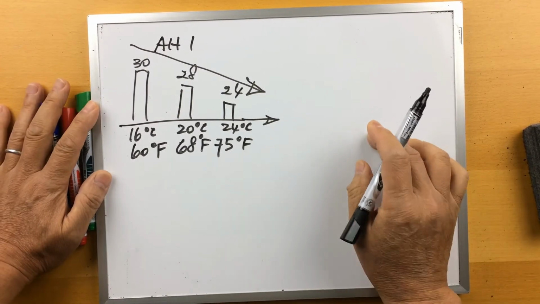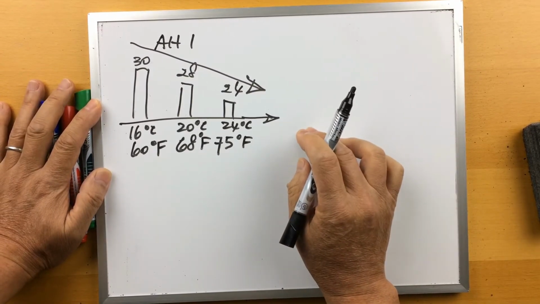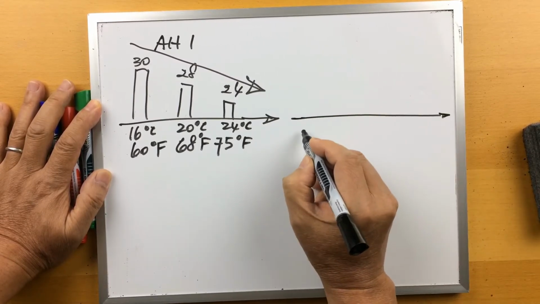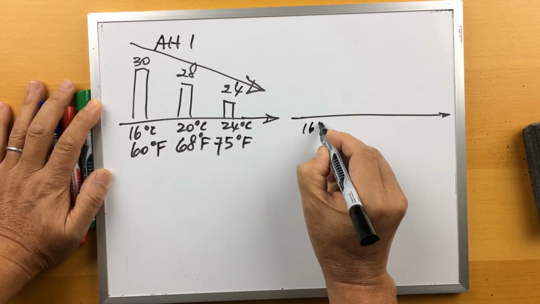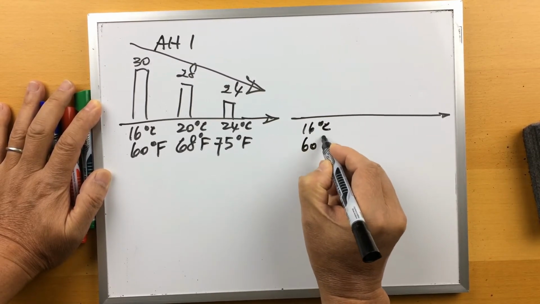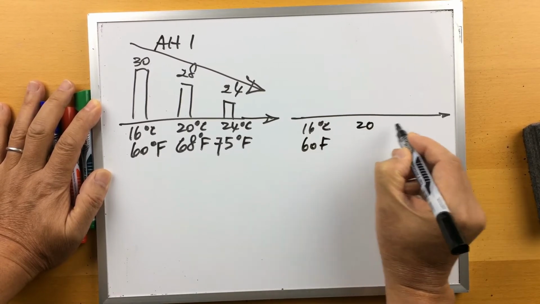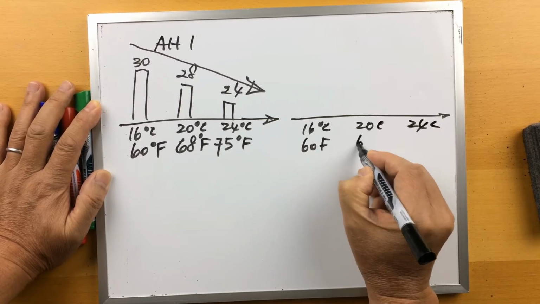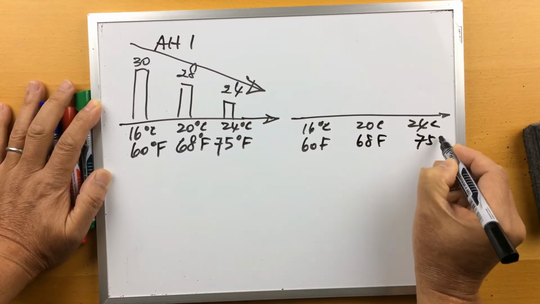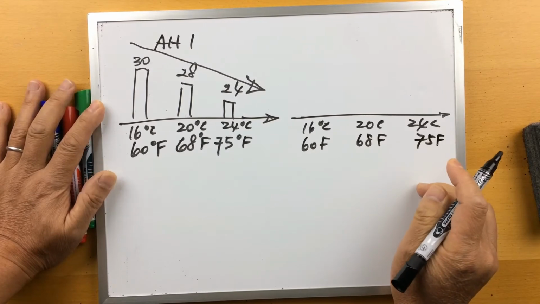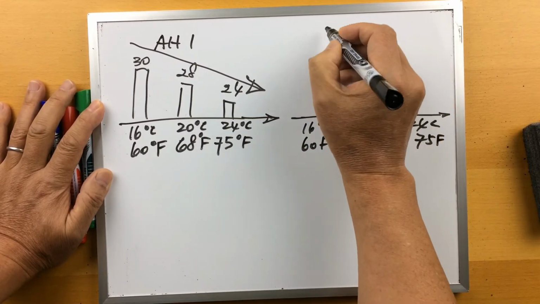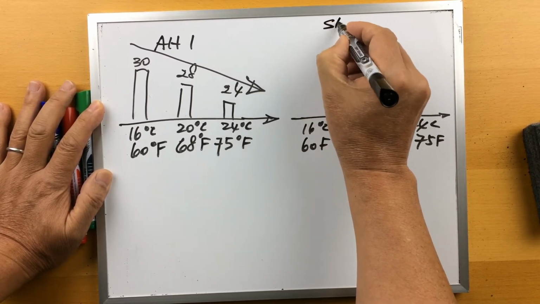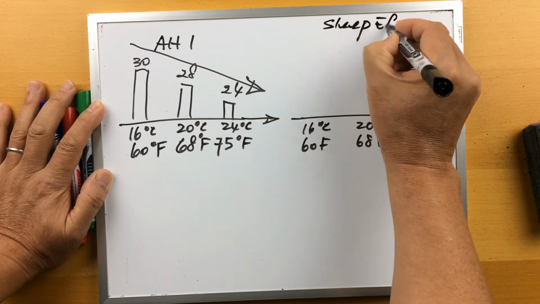This is very interesting. Number two, they also looked at the sleep efficiency. So again, this is 16, 60 Fahrenheit; 20, 68 Fahrenheit; 24, 75 Fahrenheit. Now, here, this is the efficiency of sleep, or sleep efficiency.